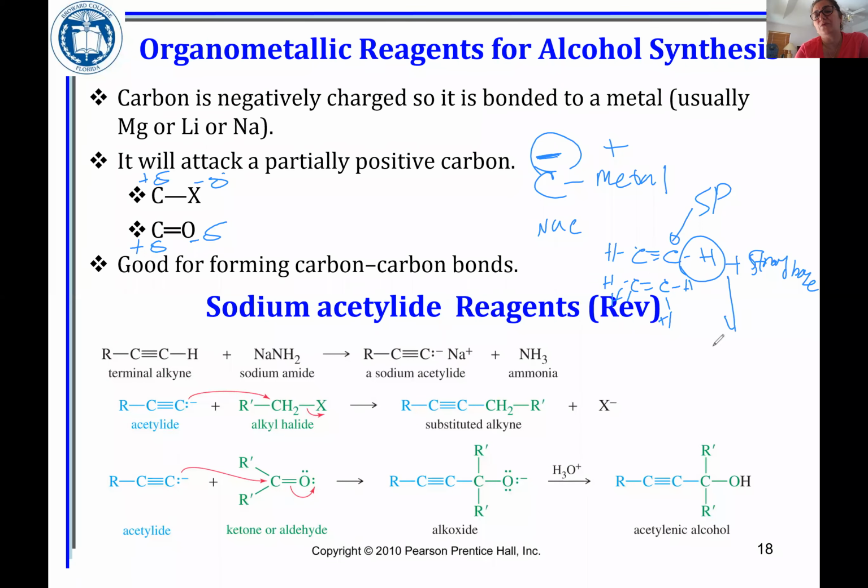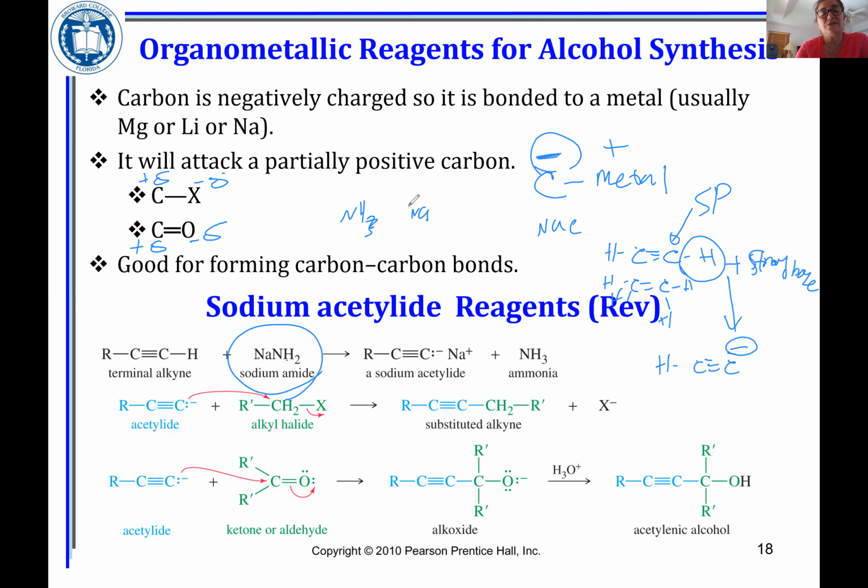And when you remove that hydrogen, you are going to end up with negative charge on carbon. So to remove that, you have to bring in a strong base like sodium amide. Ammonia is not a very strong, but it is a base. Obviously is a base, okay? Sodium is a base.